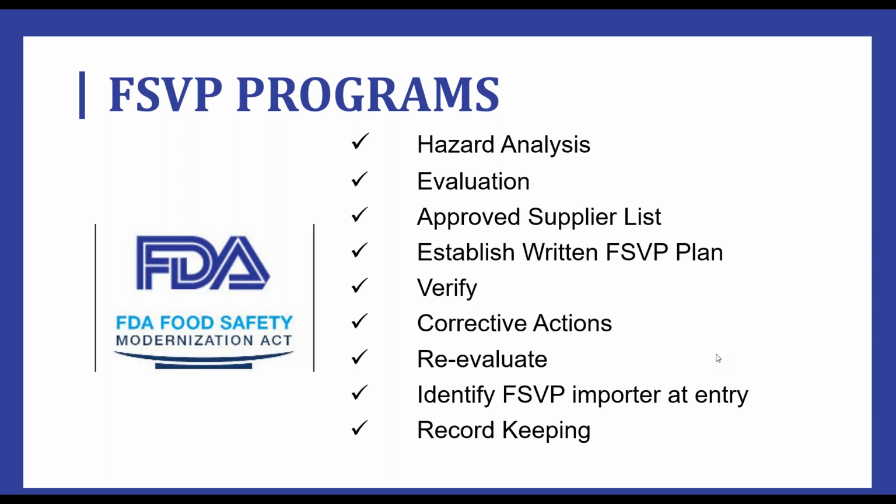Or how they verify it? Yeah, well, you do need to make sure that their labels are in compliance with the regulation requirements for labels. Part of the hazard analysis is recognizing what hazards are associated with food. When you look at preventive controls and what's required for a PCQI, that's a preventive controls qualified individual.